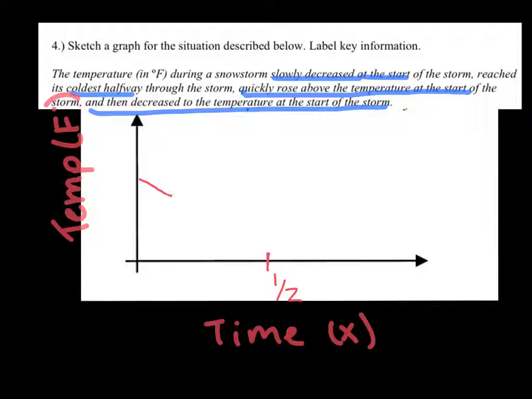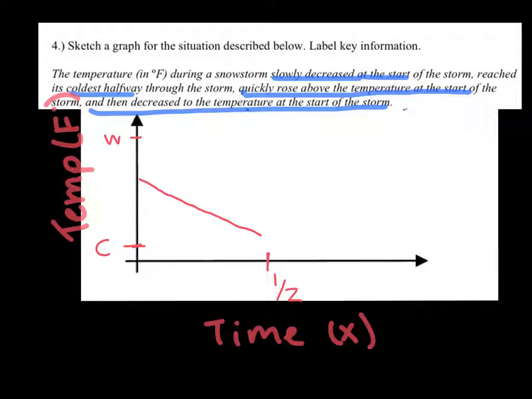So it's going to be gradual, or a not very steep slope. But quickly and slowly, that's what's describing your slope. So slowly decreased at the start and reached its coldest halfway. So remember, down here is your cold temperature, and up here is going to be your warm temperature.